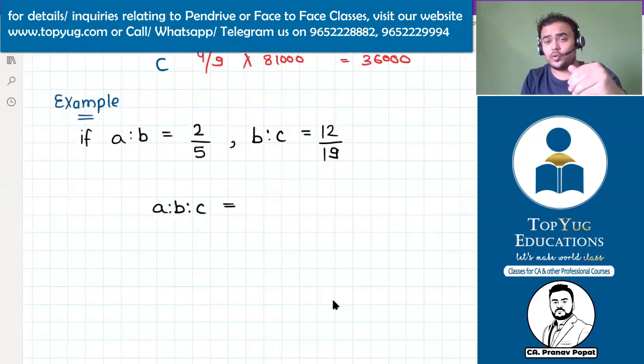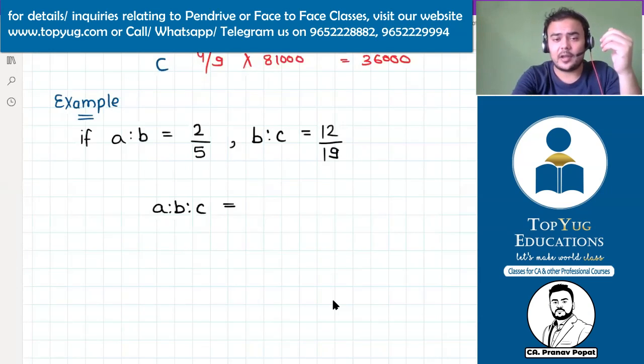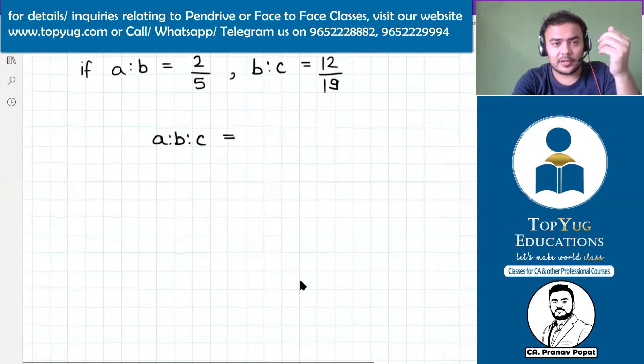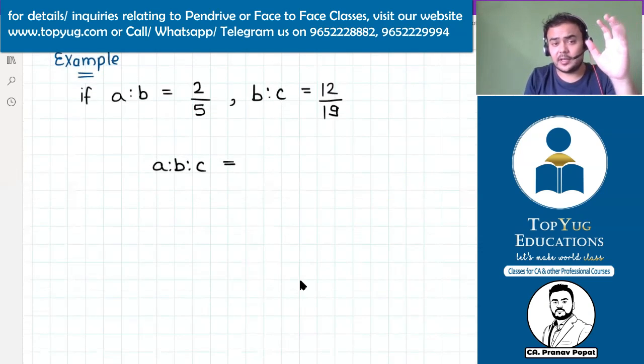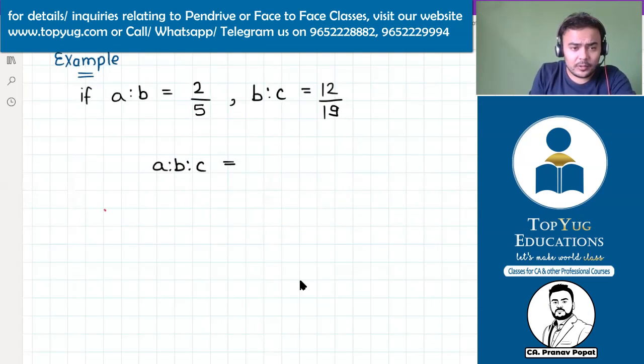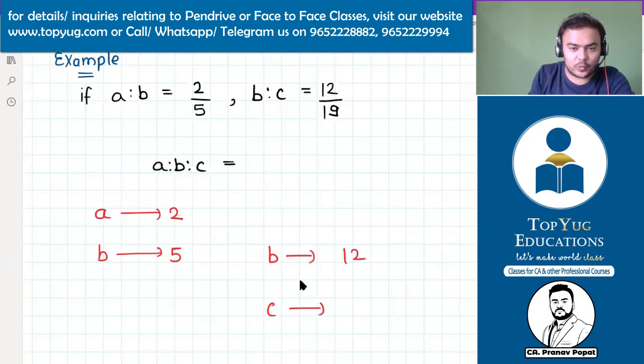For those who are not even able to understand how to do it, see carefully, okay? The ratio between A and B is 2 ratio 5. Now between B and C, it is 12 ratio 19.